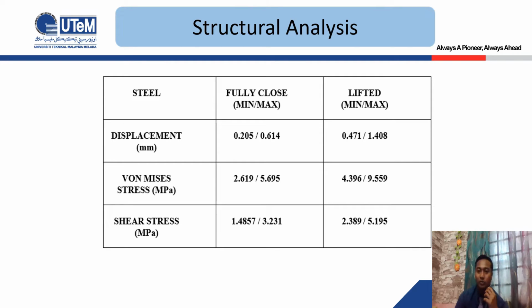Next, we go through when lifted. For displacement, we have 0.471 mean and 1.408 for maximum. Next, von Mises stress 4.396 and 9.559. For shear stress, we have 2.389 and 5.195 for max.